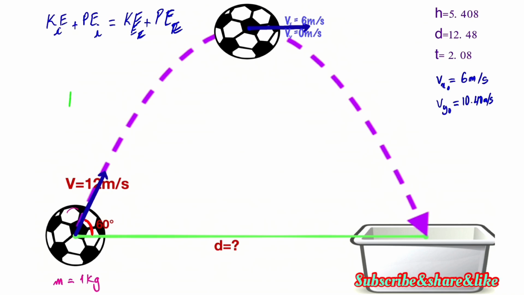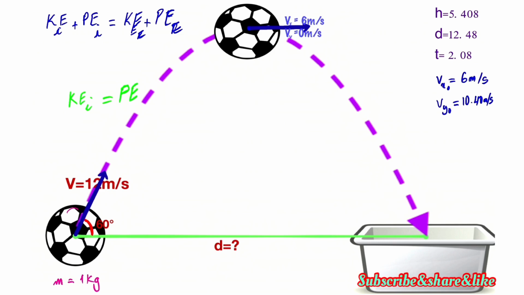We have kinetic energy initial on one side, and in this case here, at this point, the ball doesn't move anymore in the y-axis. The v is 0 here. Vy at this point is equal to 0 final. Therefore the kinetic energy is 0, so we will end up with just the final potential energy.